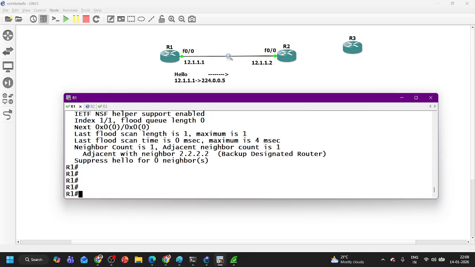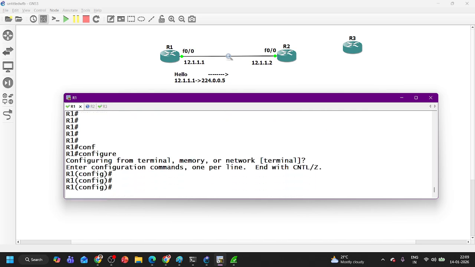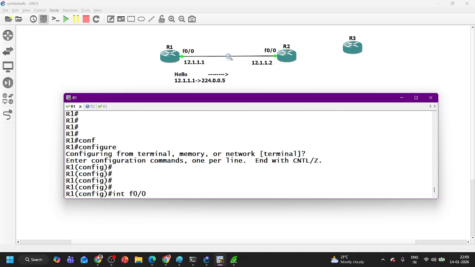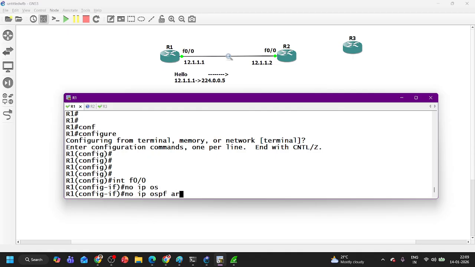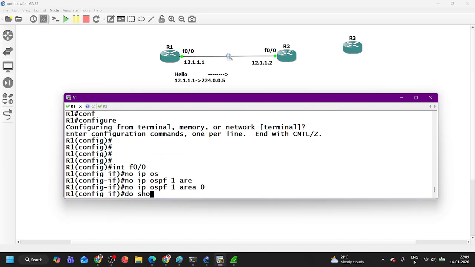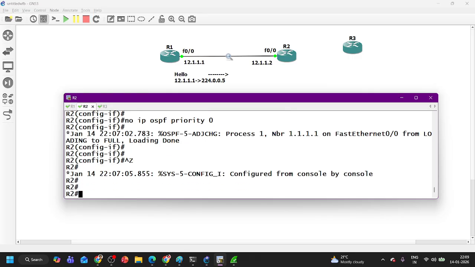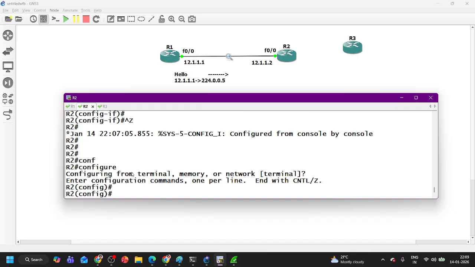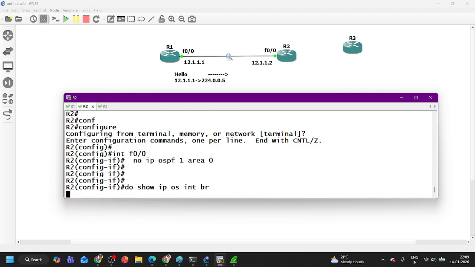Okay, like here, see, in this case router 1 is my DR router. If I remove OSPF, no IP OSPF 1 area 0, then show history. Show IP OSPF interface brief.